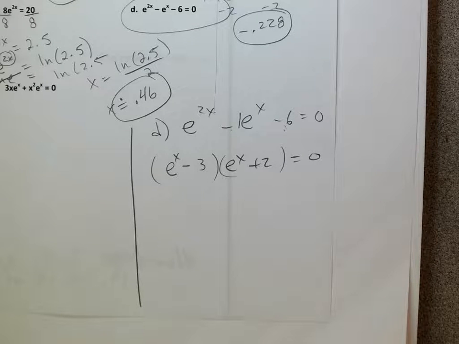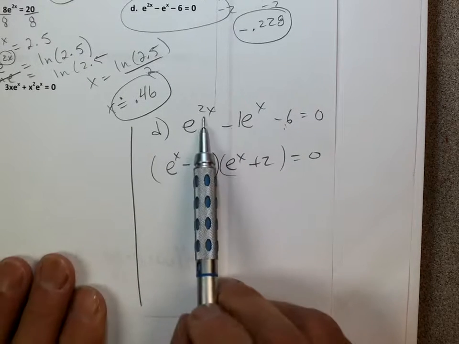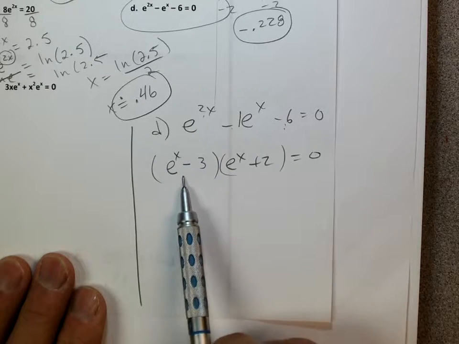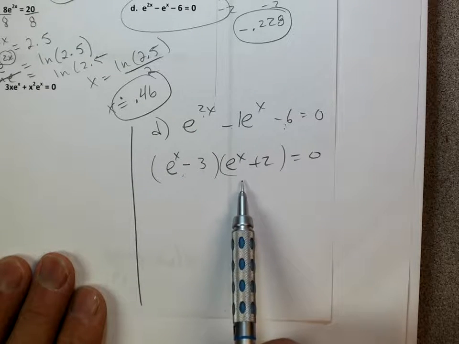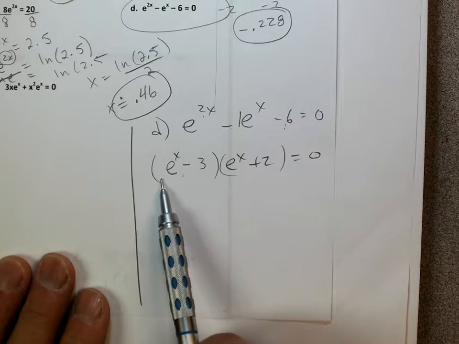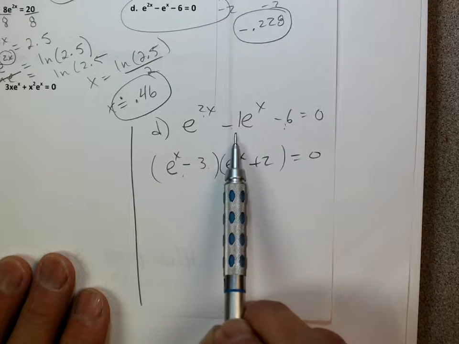Yeah, Nikolai. Why did you make it LE to the x instead of just e to the x in the problem? Minus LE? I don't see LE there, it says minus e for D. Go up and to the right. There you go. That's a 1.